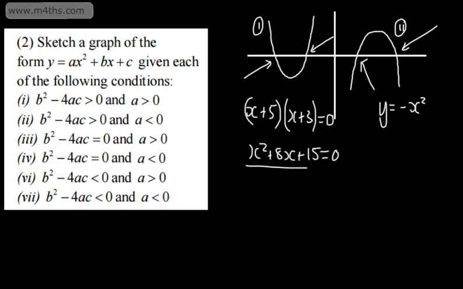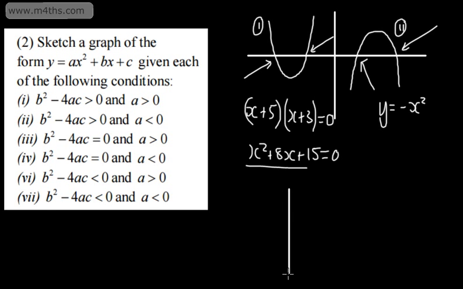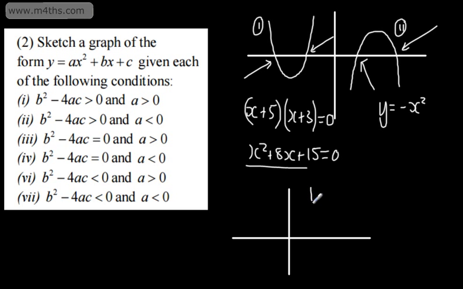Okay, let's look at the next one. Right, we've got b squared minus 4ac is equal to 0, and a is going to be positive. So what we need then is a quadratic equation that opens upward, as a is going to be positive, but this needs to touch the x-axis. So what we've got here is a repeated root, and we've got a positive quadratic. So that, number 3, isn't it? Okay, the next one, b squared minus 4ac equal to 0, but this time this is going to be negative.